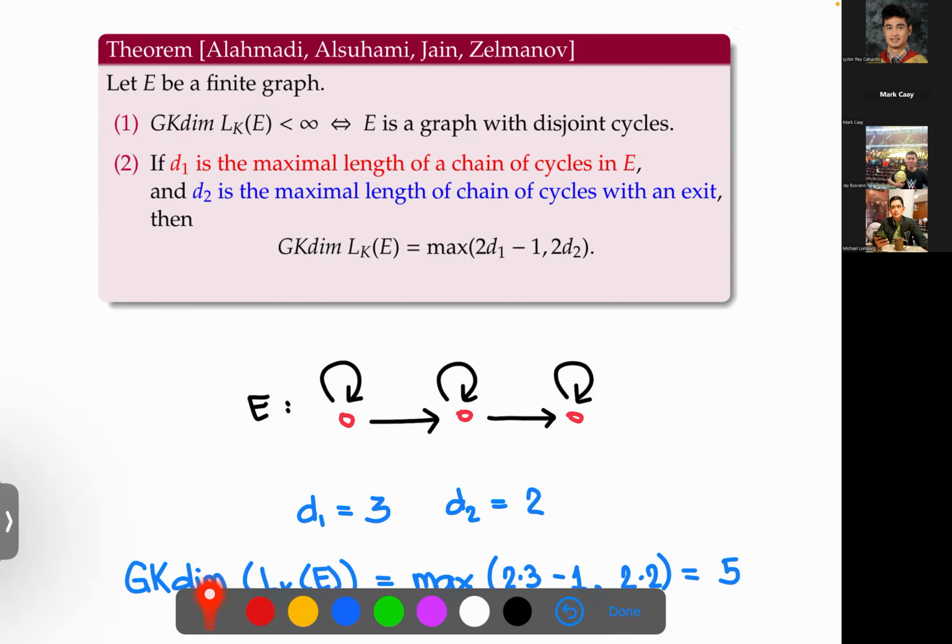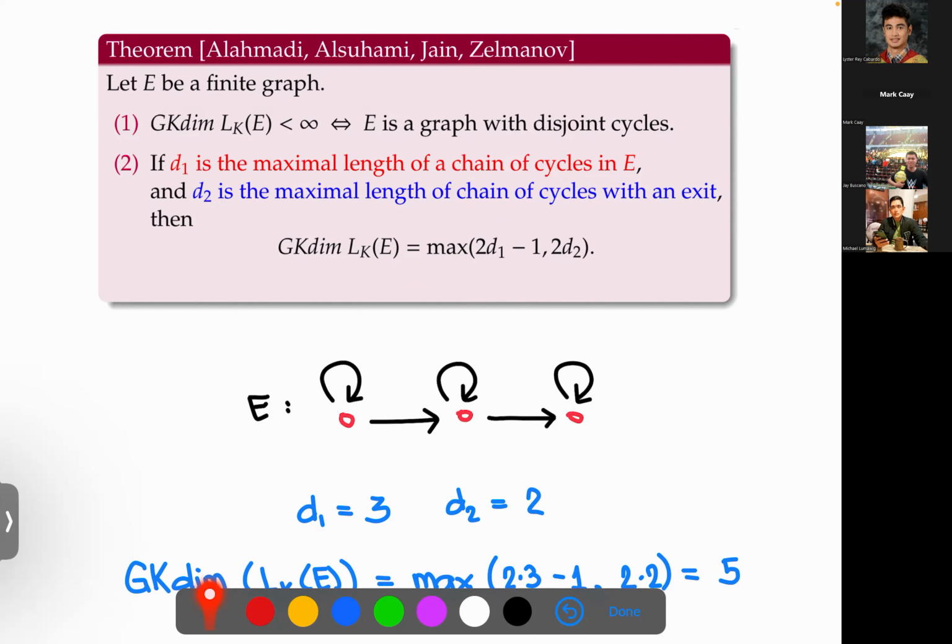In this case, I look at the length of some chains of cycles, take the maximum length, and call that D1. I also take the length of chains of cycles with an exit. Exit means that I have a cycle and there's an edge coming out of that cycle, and I call the maximal such length D2. The Gelfand-Kirillov dimension would be this very easy computation here.